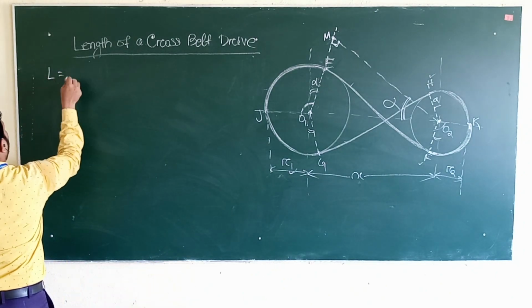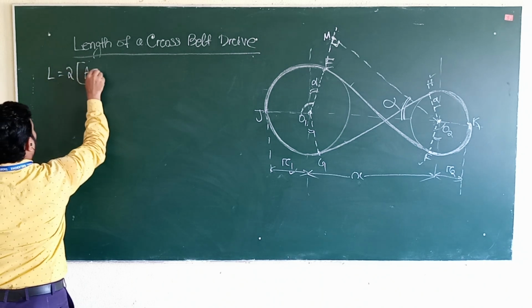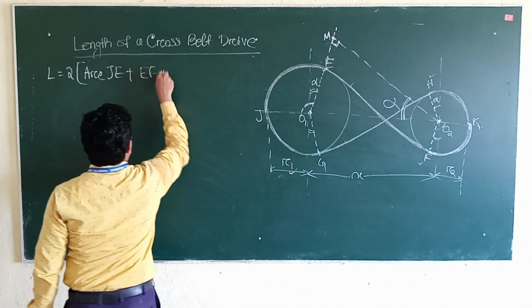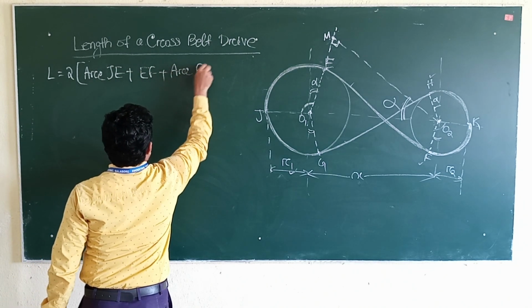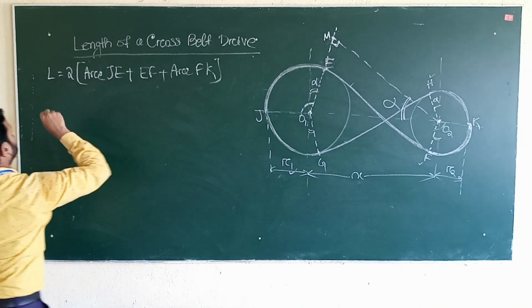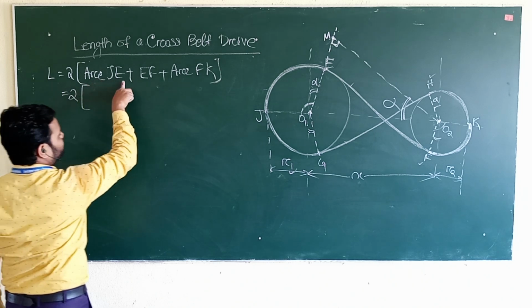What is that? L equals 2 times square bracket RJE plus EF plus RFK. We have already calculated these three values. Now we put these three values in here. So 2 into square bracket. What is the value of RJE?